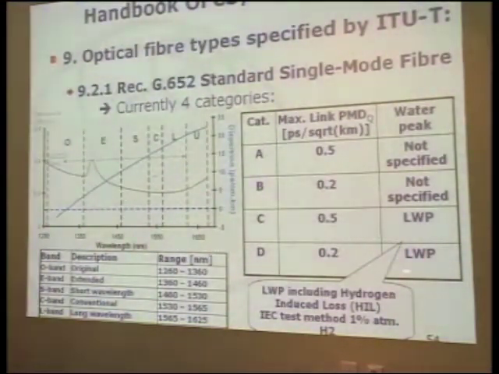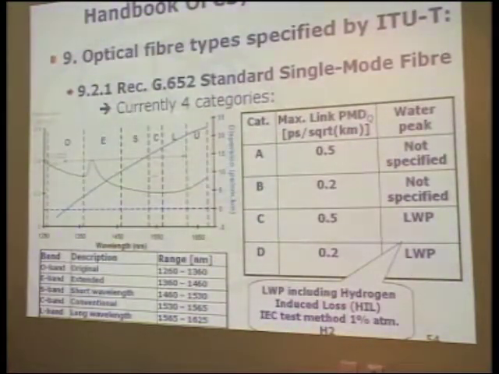So with the C and D fibers, we have this band available, running from 1360 to 1460 nanometer. We also have an S band, the short wavelength band, running from 1460 to 1530 nanometer. The most widely used band in the higher wavelength range is the C band, from 1530 to 1565 nanometer.